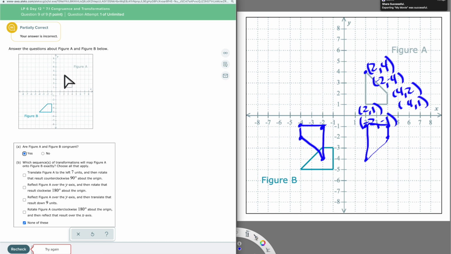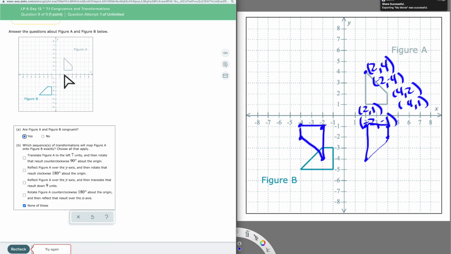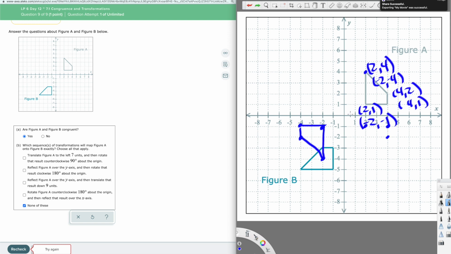They are congruent to begin with. Uh-oh. One of these mappings works. So, which one is it? Which one did I make a mistake on?